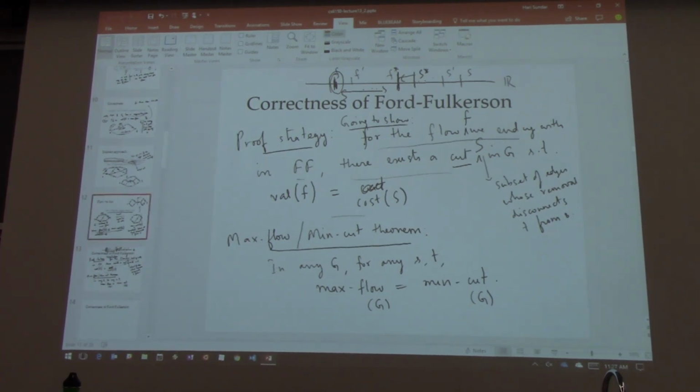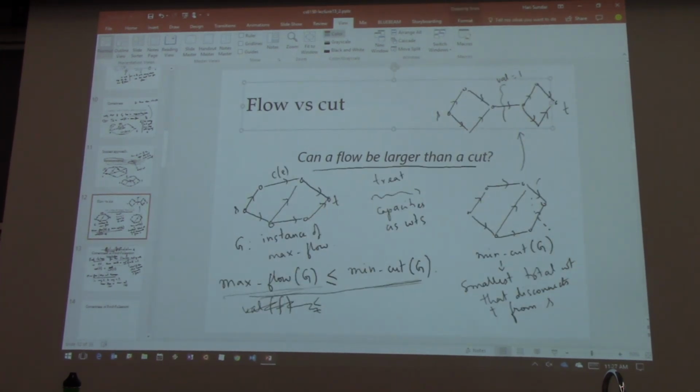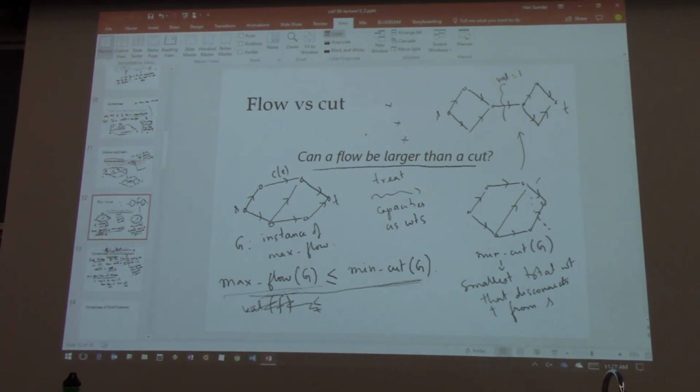So that was actually in this slide, right? What I said is, suppose I take any cut, and in particular, let's take the min cut. What's the definition of the min cut? It's some set of edges whose removal disconnects T from S. So suppose I go ahead and remove all those edges.